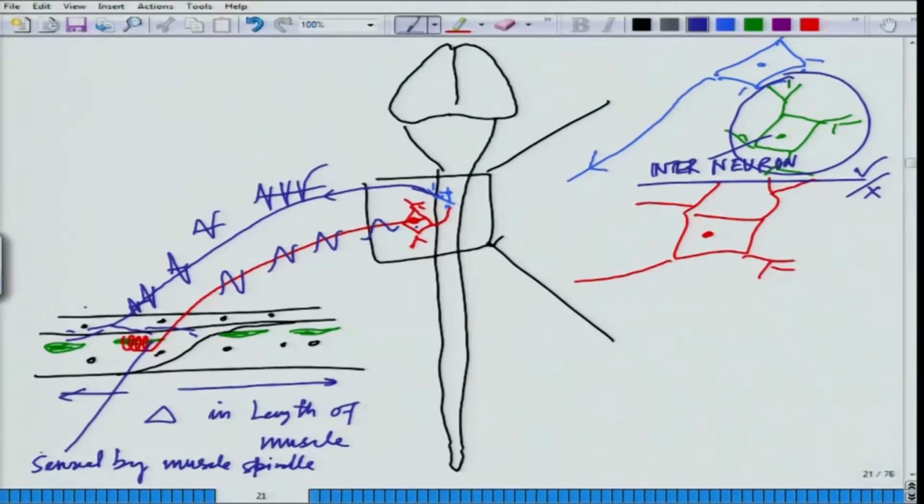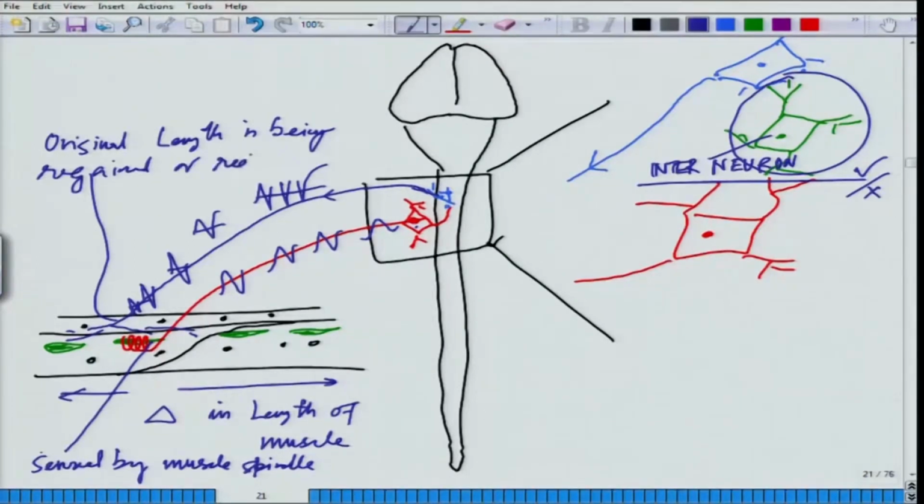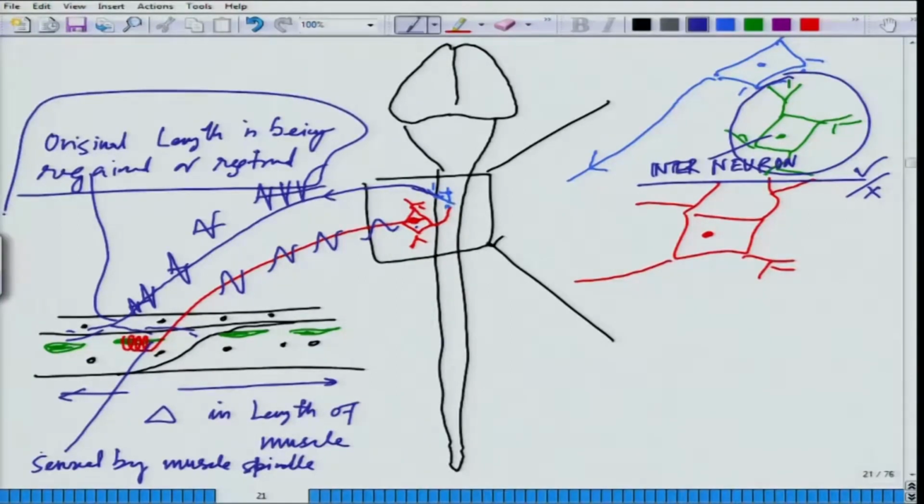So, then this signal comes, and the original length is being regained or restored. Okay. This is how it works. So, this small circuit falls under stretch reflex. Now, everything will make sense, a stretch reflex arc circuit.